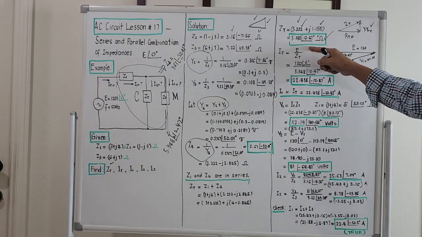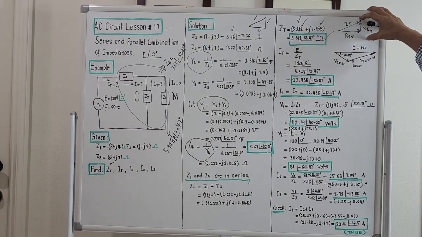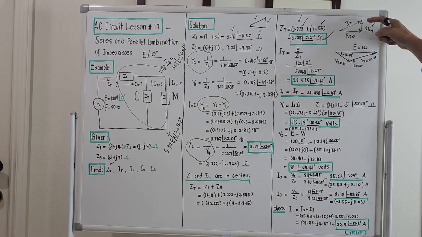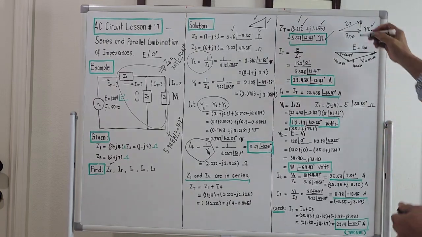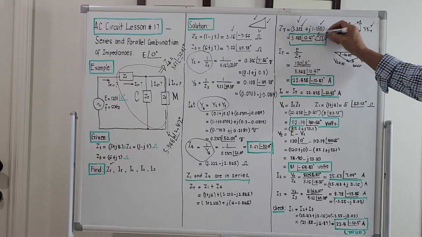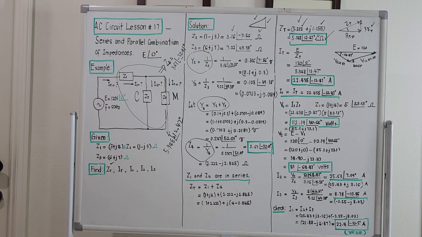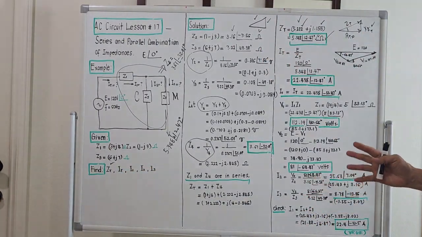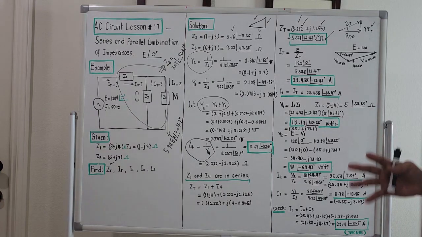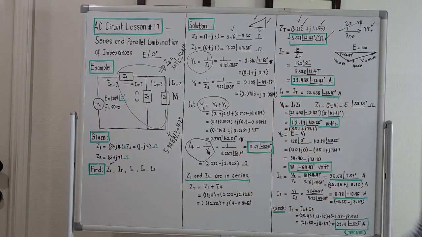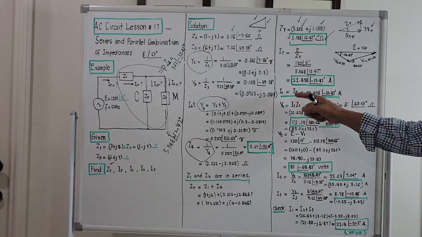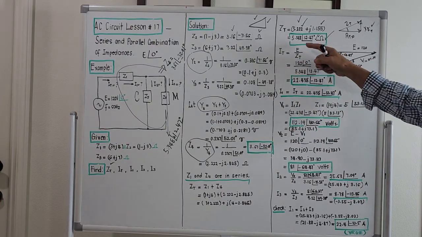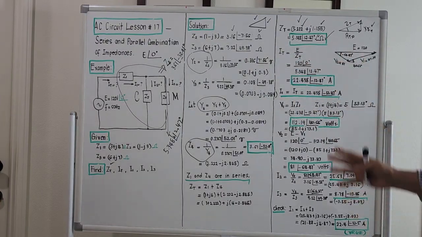This is plus. So this is the vector diagram: R total, X total, and this should be Z total. This angle here is 12.47 degrees. So we now know Z total. Since we know Z total, we know the total applied voltage coming from the utility line. Therefore, I total will be the applied voltage over Z total.